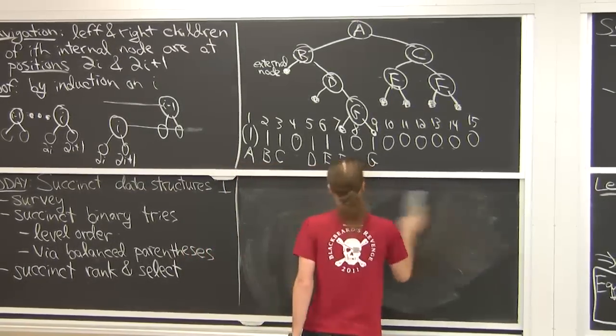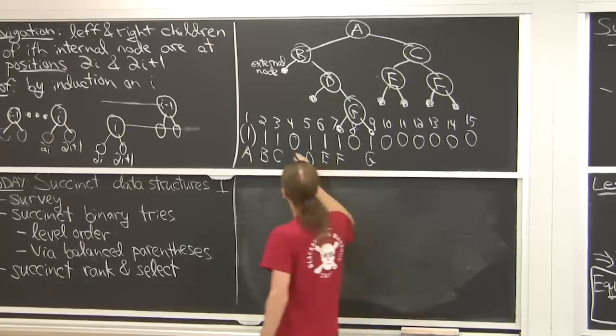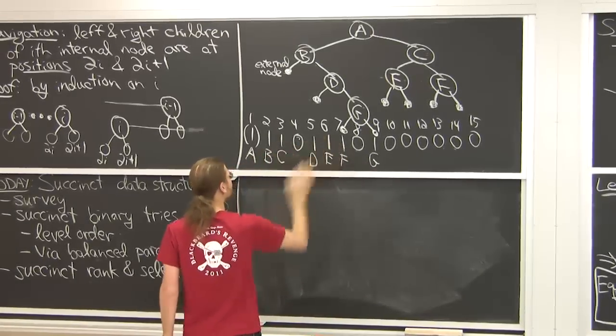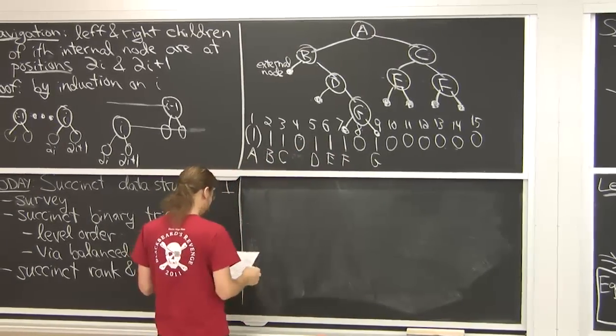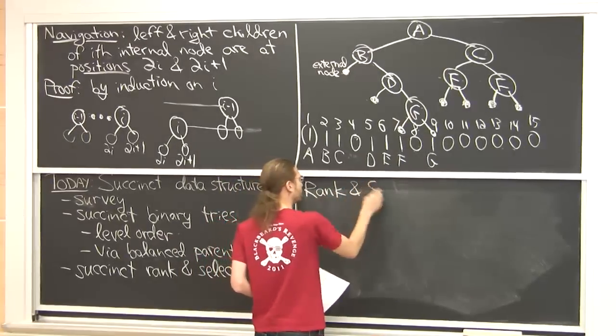So we need a mechanism for translating between those 2 worlds, between indices that only count ones and indices that count zeros and ones. And this is the idea of rank and select.